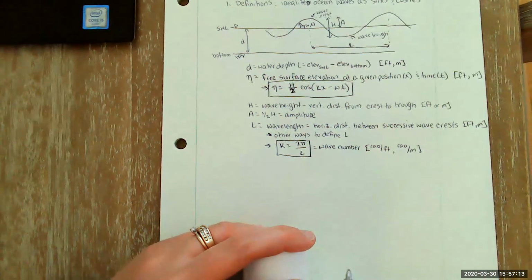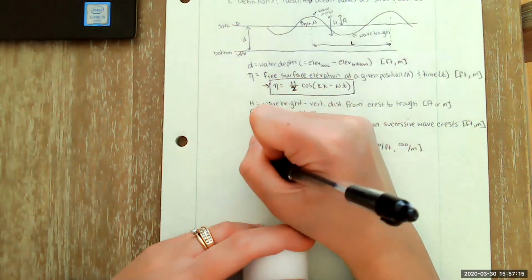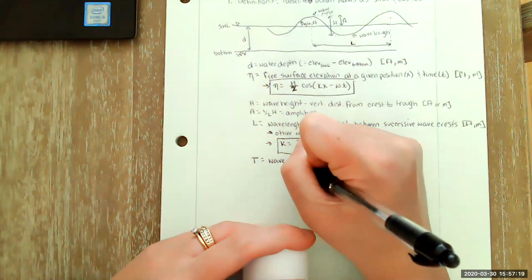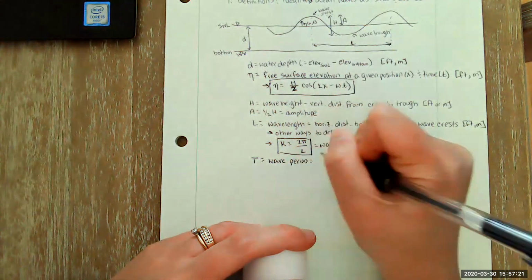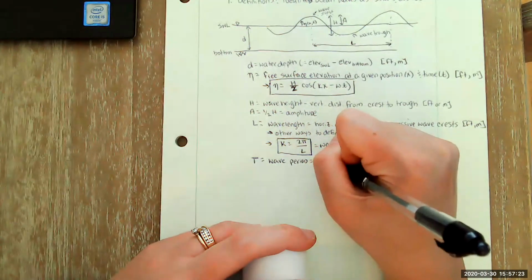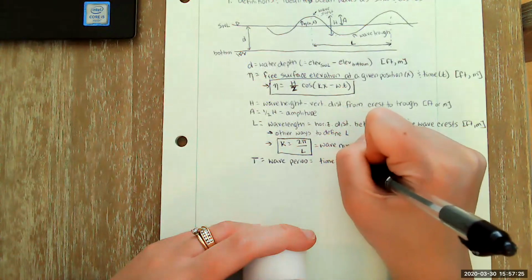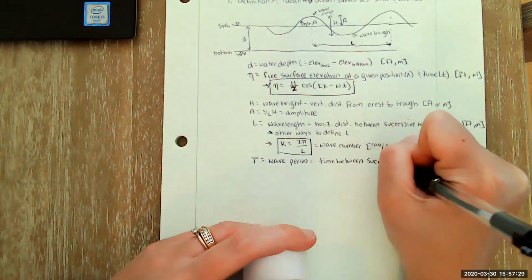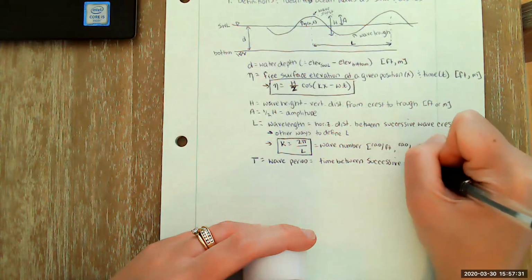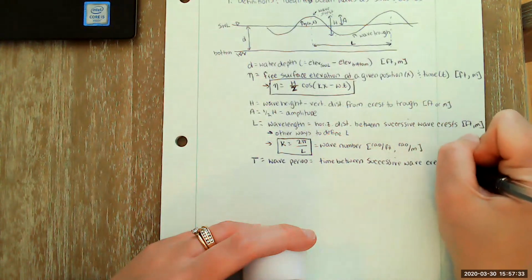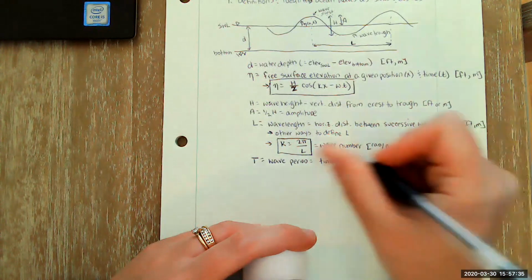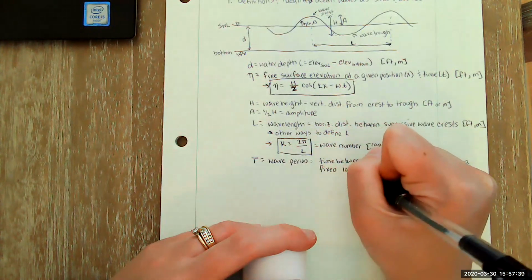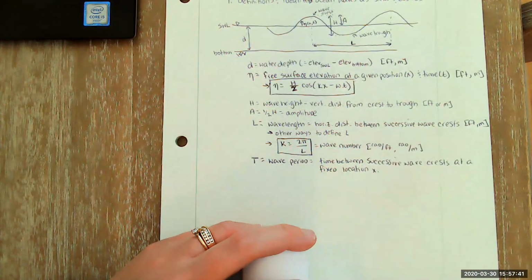And then finally, the last term to define here is T, which is equal to our wave period, which is equal to the time between successive wave crests at a fixed location, x.